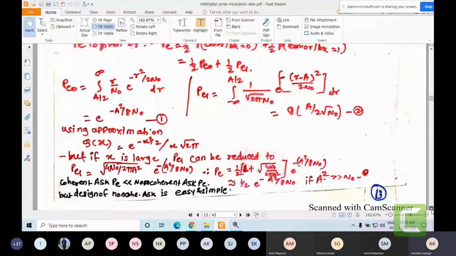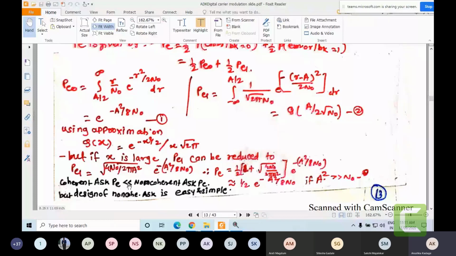And that probability of error will always be valid when the magnitude square is greater than the noise power spectral density. And the last comment we are saying is that the probability of error for the coherent ASK modulation is less than that of non-coherent ASK modulation.